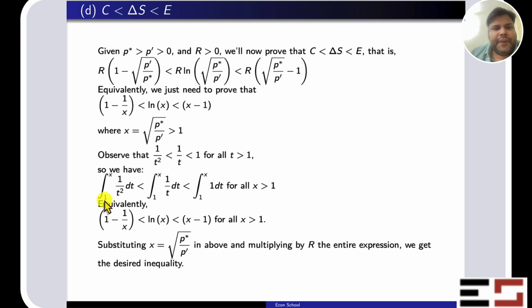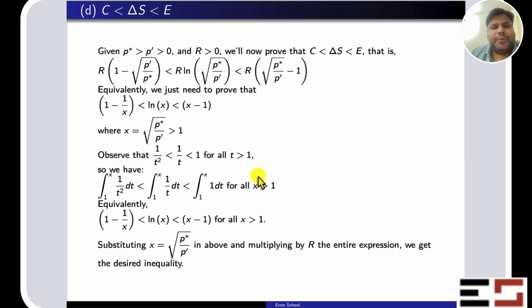So the integral from 1 to x of 1 by t squared dt is less than the integral from 1 to x of 1 by t dt, which is less than the integral of 1 dt from 1 to x.